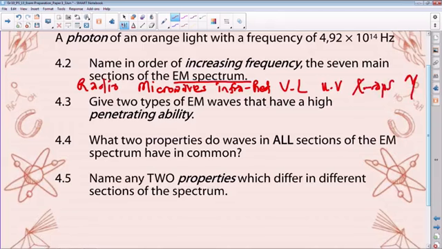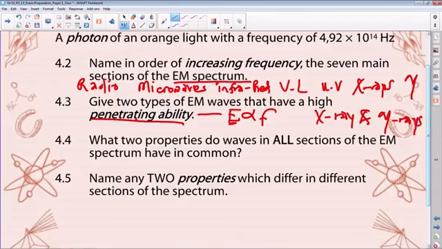Penetrating ability has to do with the energy, and we know that energy is directly proportional to frequency. The ones that have got higher frequency would have higher energy, and in turn, high penetrating ability. So in this case it is the X-rays as well as the gamma rays. That's the symbol for gamma there, the Greek alphabet.